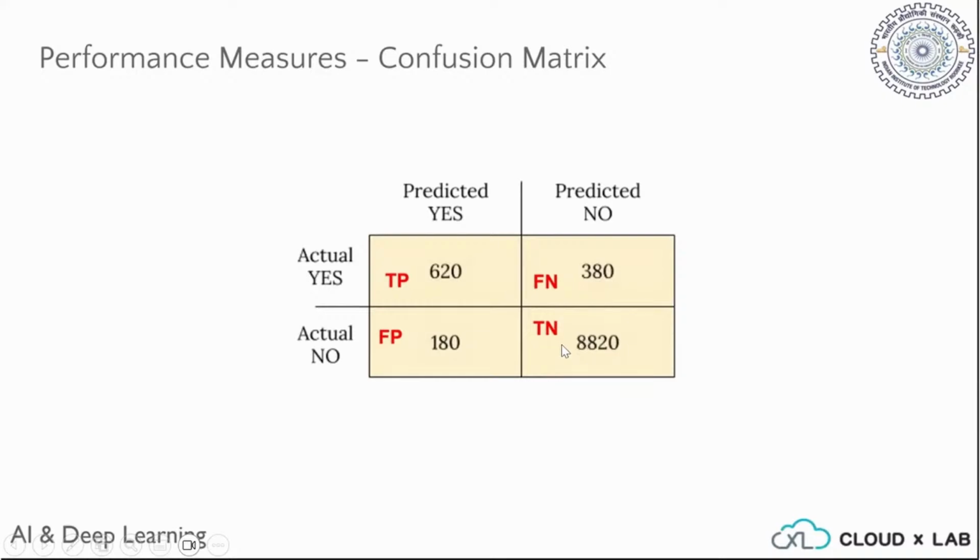This case is called true negative, because the model is negative and the model is true. So here 8820 times the model is correctly predicting no. 620 times the model is correctly predicting yes. Can I say that these two, 620 and 8820, are the cases where the model is not making any mistake?